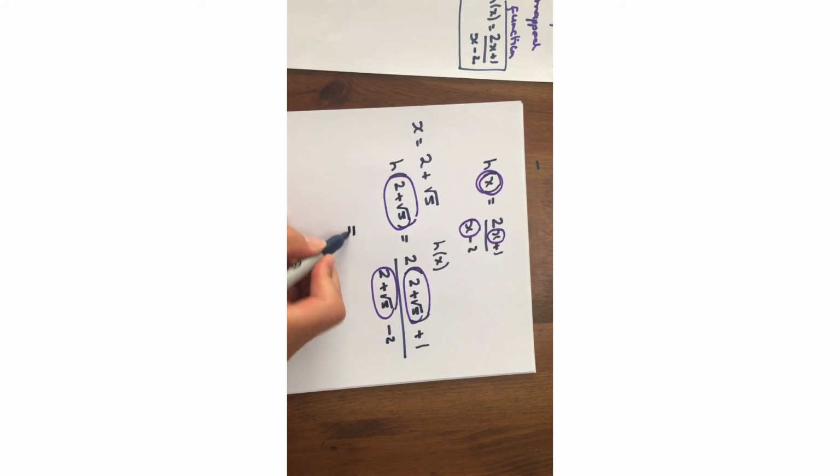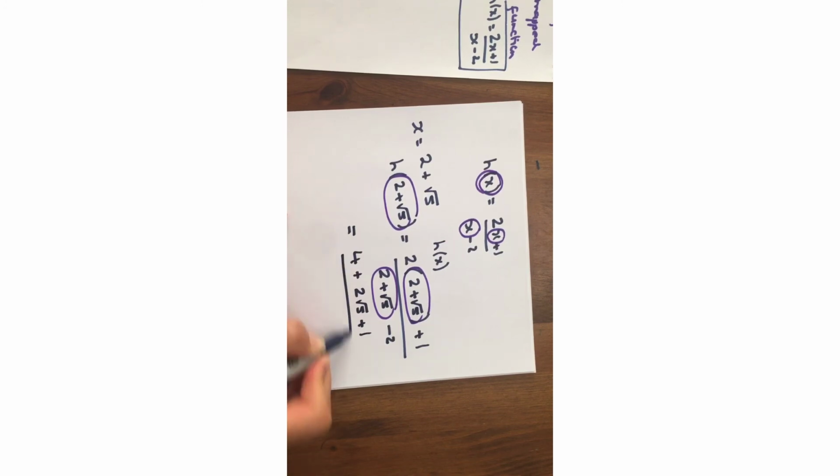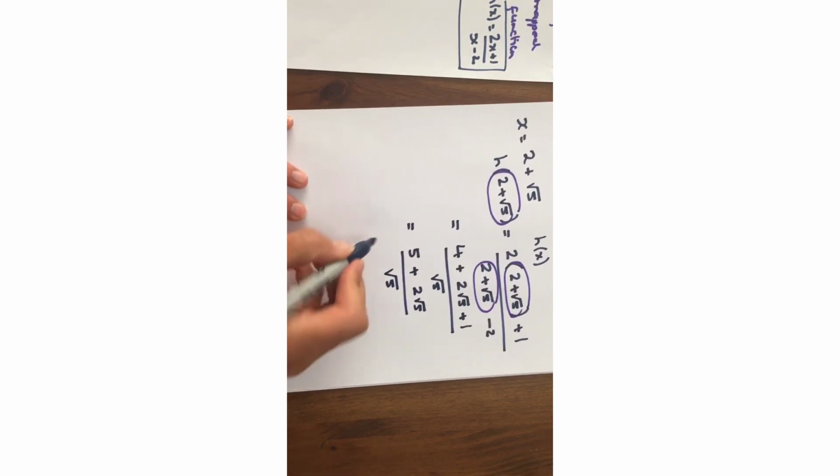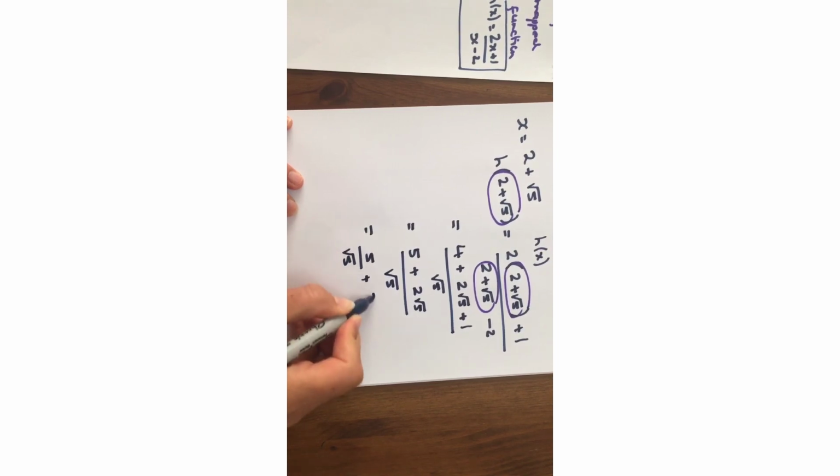Let's just double check that, guys. So let's multiply out. I've got root 5 on the bottom, so I've got 5 plus 2 root 5 divided by root 5. So that's 5 divided by root 5 plus 2, and you can see we're going to get there.